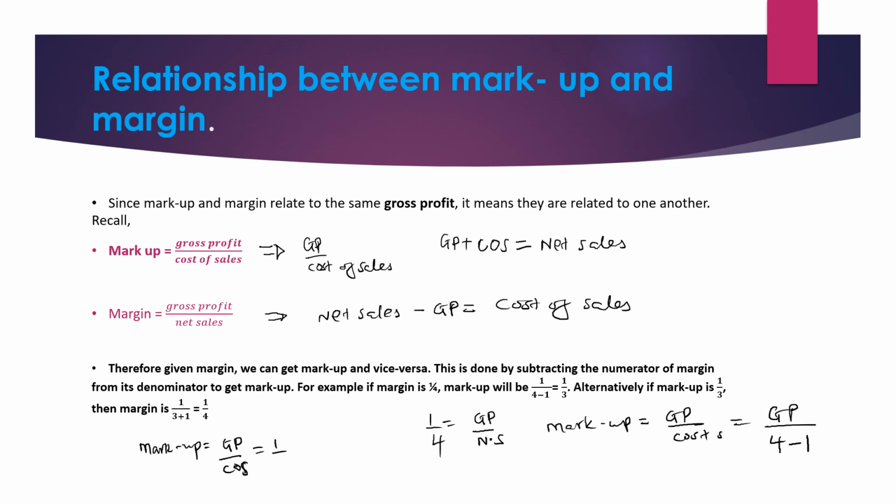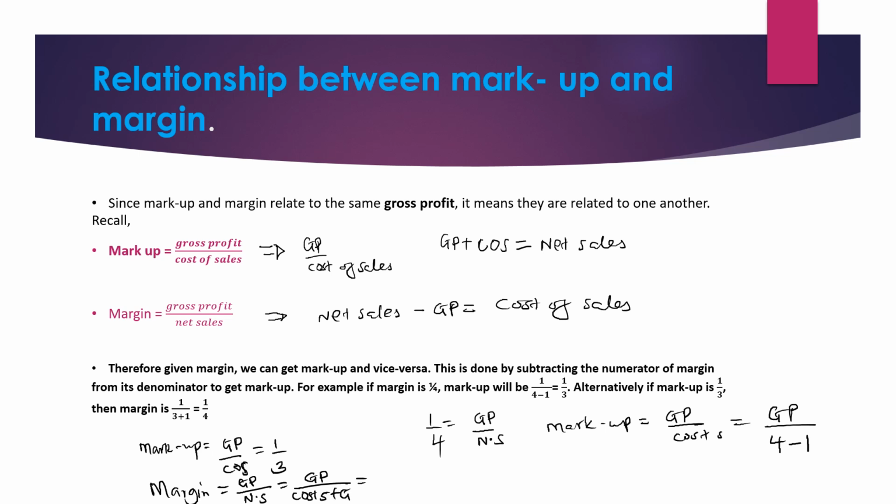So if we have it as 1 over 3, then from here we can get the margin. How do we proceed? We simply add the numerator and the denominator. Margin is equal to the gross profit over the net sales, and net sales we know can as well be given as the cost of sales plus the gross profit.